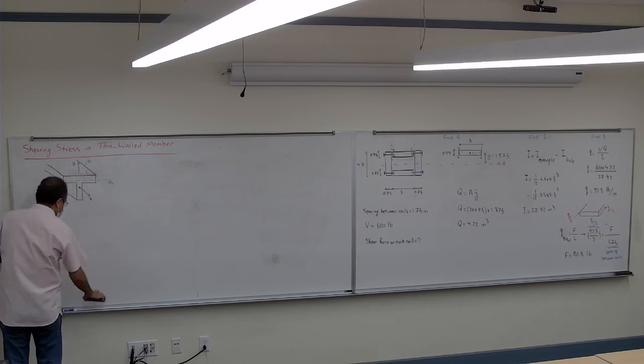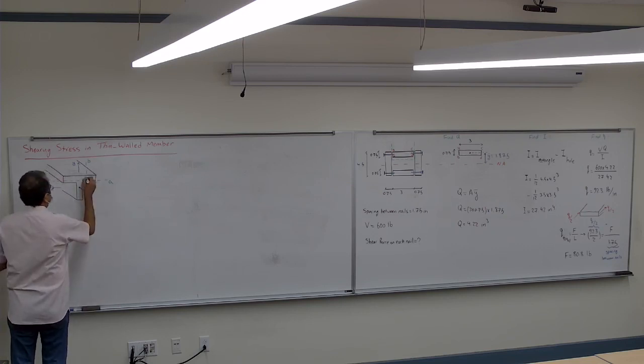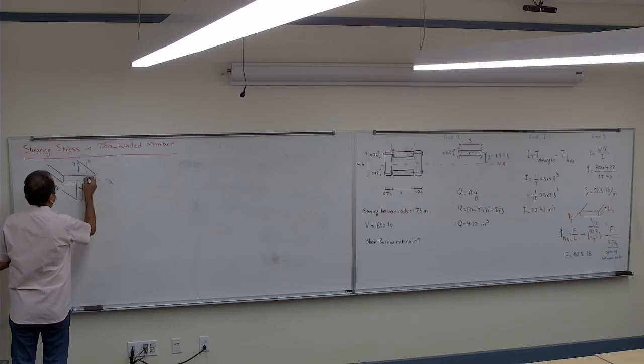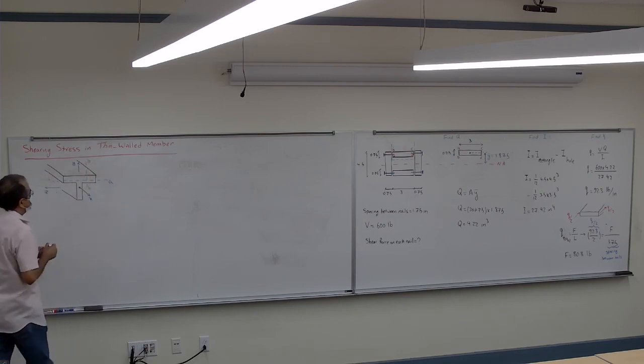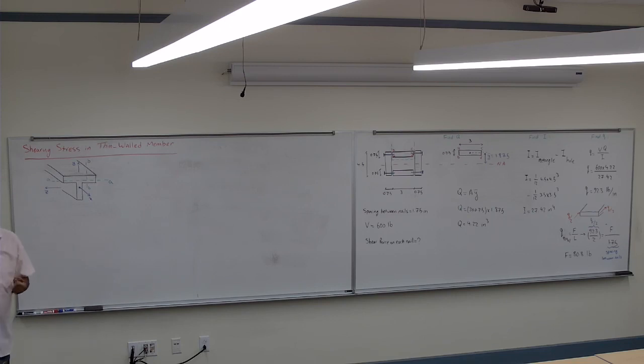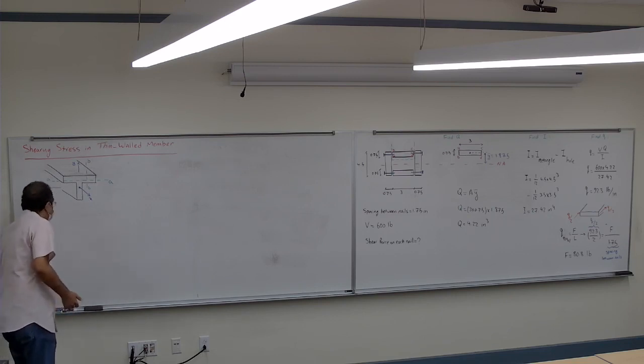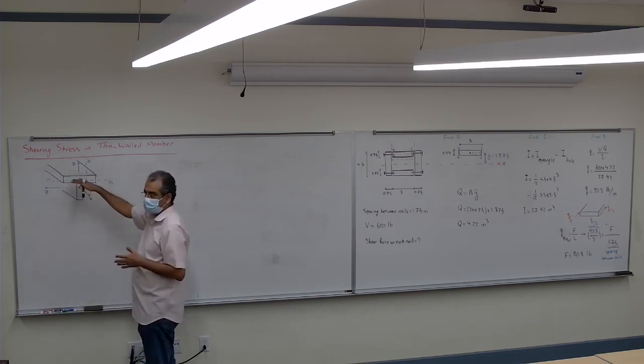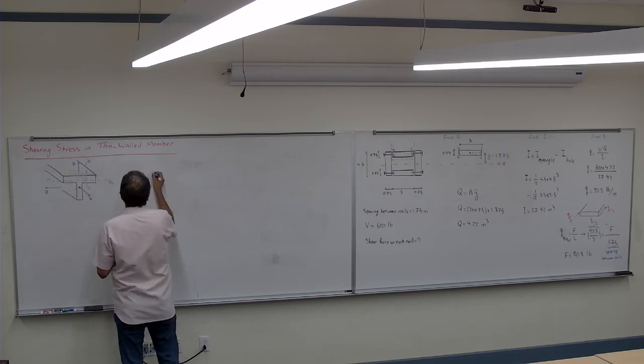So once I cut it on the AA, these two. Once I cut it on the BB, what would the shear stress be there? So if I go ahead and say, okay, I'm going to cut it on that cross section and see what happens. So this is my cross section.